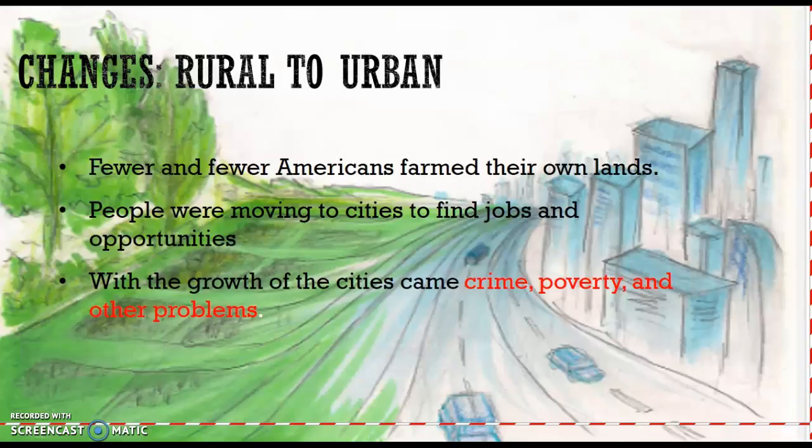All right, so the point of that is just to realize our country is growing and growing and growing, and today we are still growing. Now, if we go back to the time period in which we're learning about, we know that we are changing from a rural country to an urban country. Remember, it used to be everybody lived on farms, but now we have big cities growing.